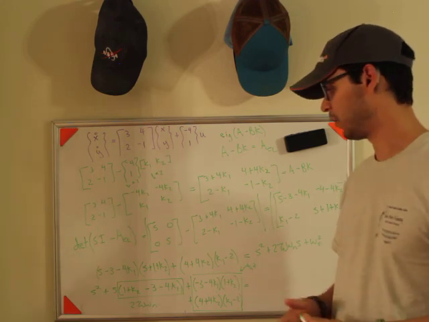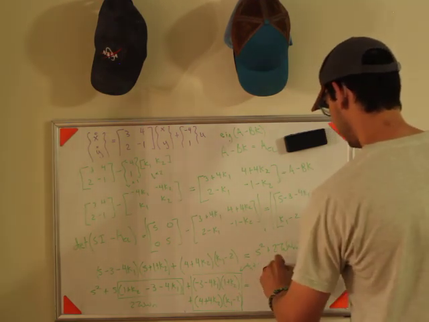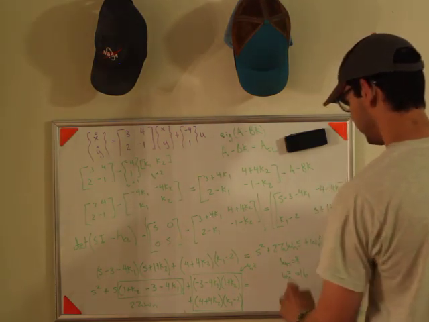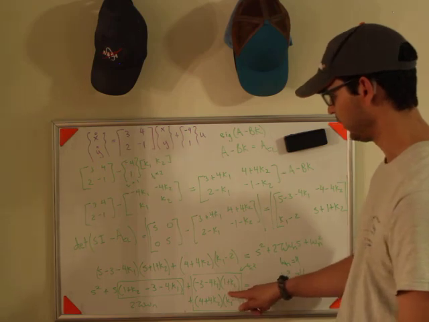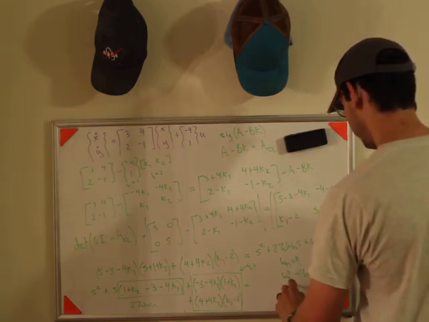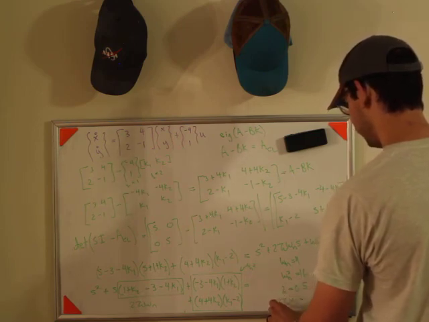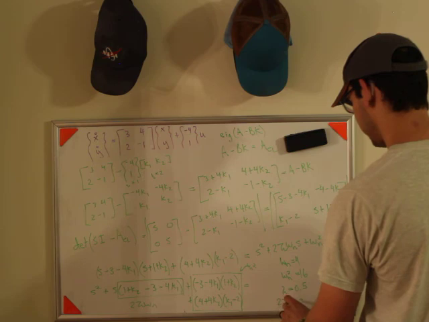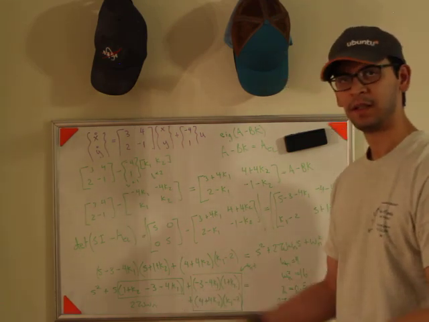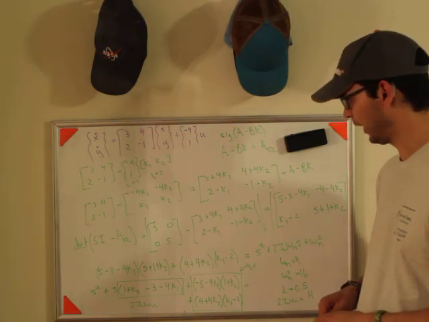If you pick omega n equals 4, that means omega n squared is 16, so you would set 16 equal to this. And if you set zeta equal to 0.5, then 2 zeta omega n is 2 times 0.5 times 4, which is 4. So you set 4 equal to this, distribute and solve. And that is how you solve for K1 and K2.